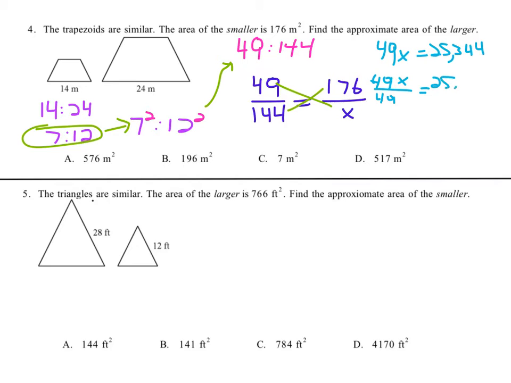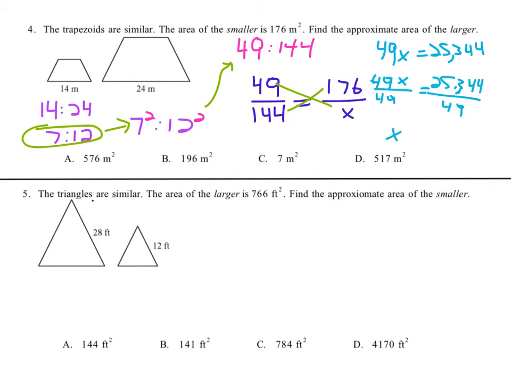Excuse my writing. Sorry, I'm running out of space over here. Okay, and when we do that, divided by 49, we get x equals 517.22.